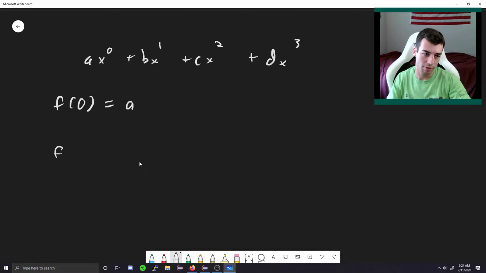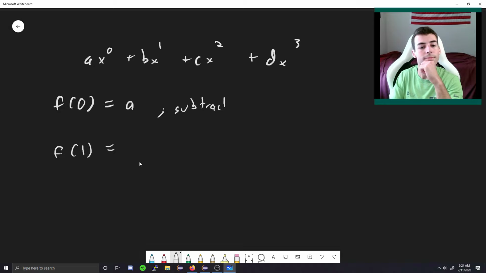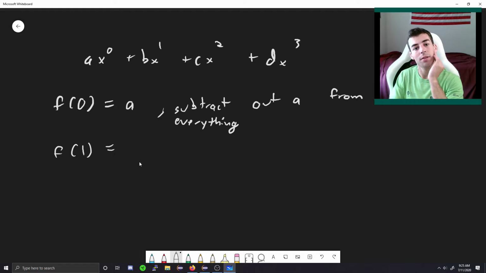Yeah, now f of 1 is going to be equal to, well, so then we can subtract out a from everything. And then once we've done that, divide by x.